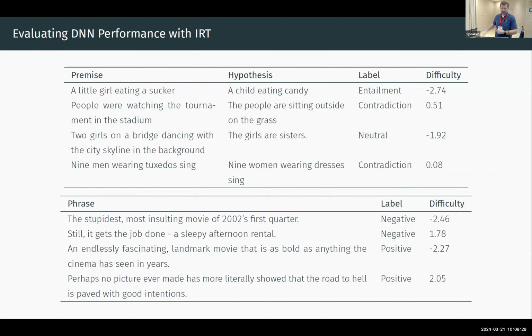We'll see when that's not the case later on. But it's a little bit more on the fence: it gets the job done, sleepy afternoon rental. It was labeled negative, but on the fence. So it's much harder. Some people pick negative, some people pick positive. And that reflects the fact that more people got this one wrong than, say, the first one. So we now have a quantifiable way to distinguish between entities in a particular class using these IRT learned parameters.